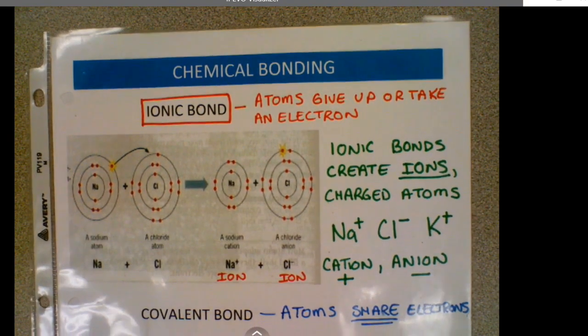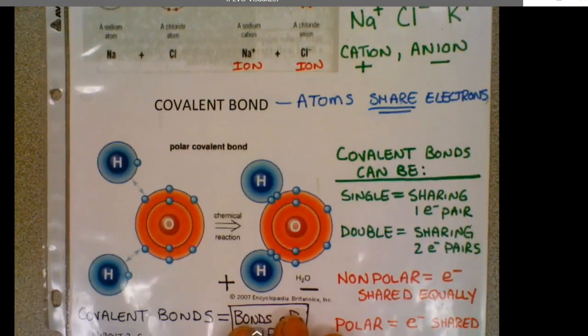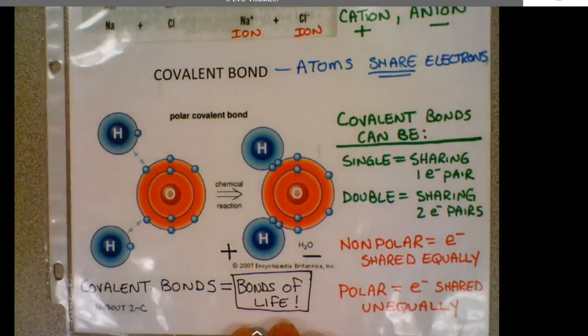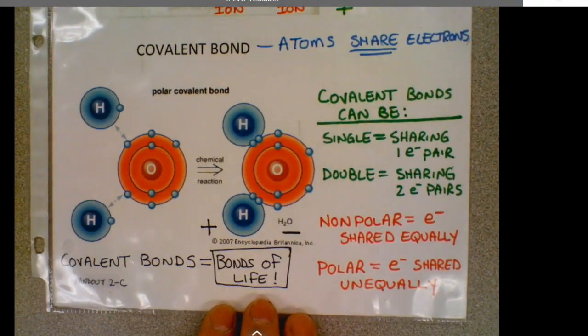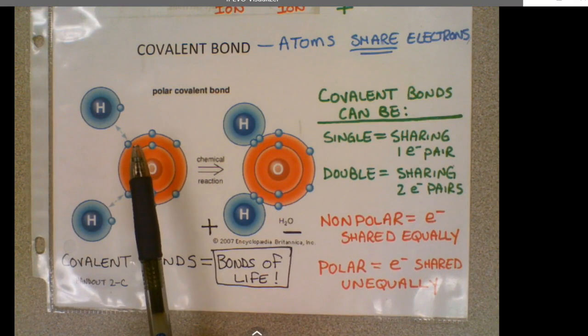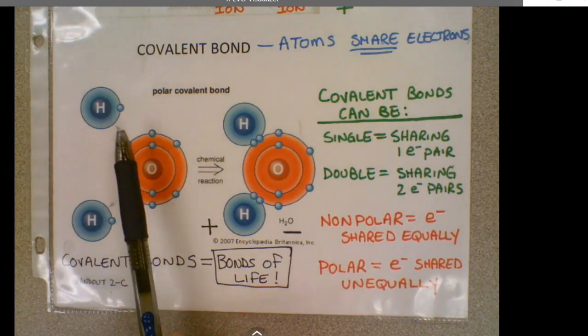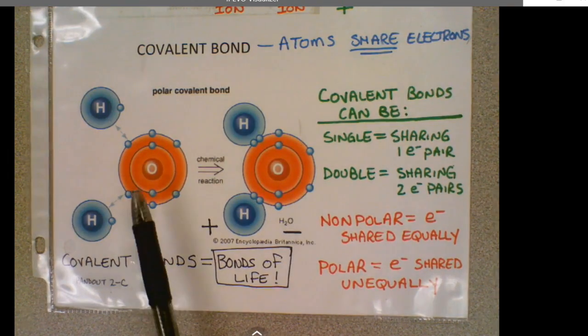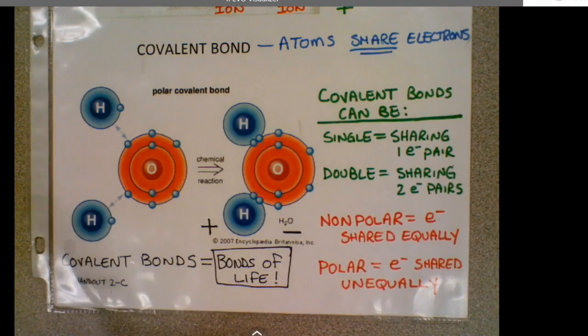Okay, now the second type of bond I want to talk about is a bond called a covalent bond. Covalent bonds are going to be sharing an electron. So instead of giving up an electron, we're going to share the electron. So a perfect example of this is water, and you can see I've got a water molecule.